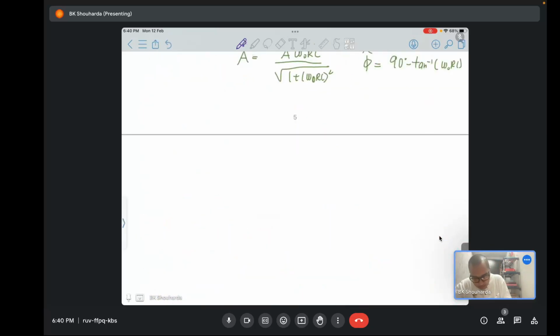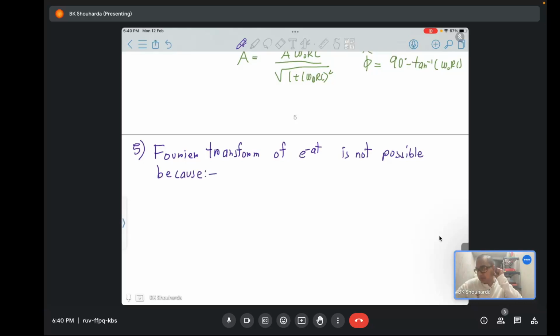So the fifth question is: the Fourier transform of e to the power minus 8t is not possible because, okay, I shall not give you the options now because if you look at the options it's very clear, but let me go step by step.